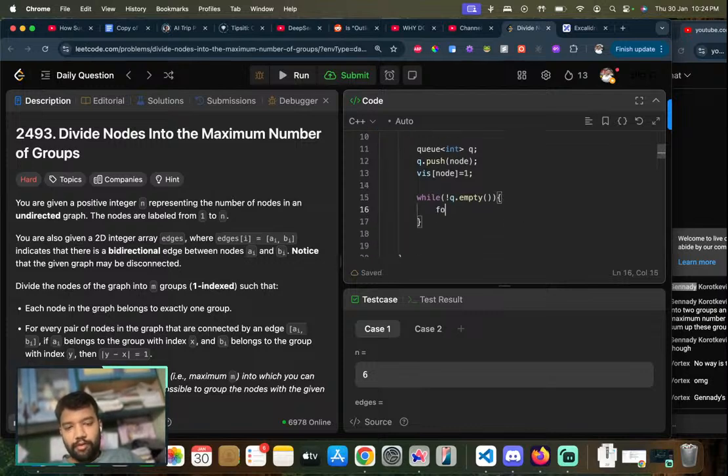What I do is, int k is equal to Q dot size.